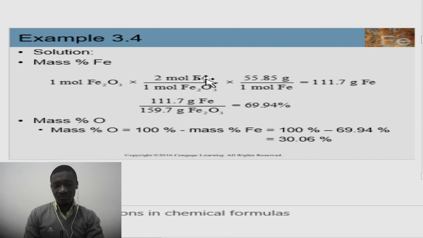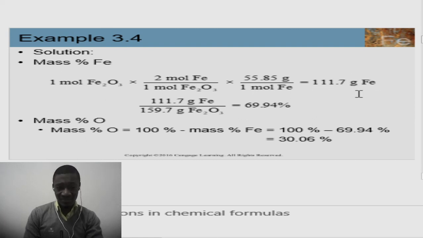Don't get yourself confused over here. What was done was to get the moles from the compound itself, and then move down to get the mole itself of the iron, which was twice, and then you get the value, which is the mass of iron here.